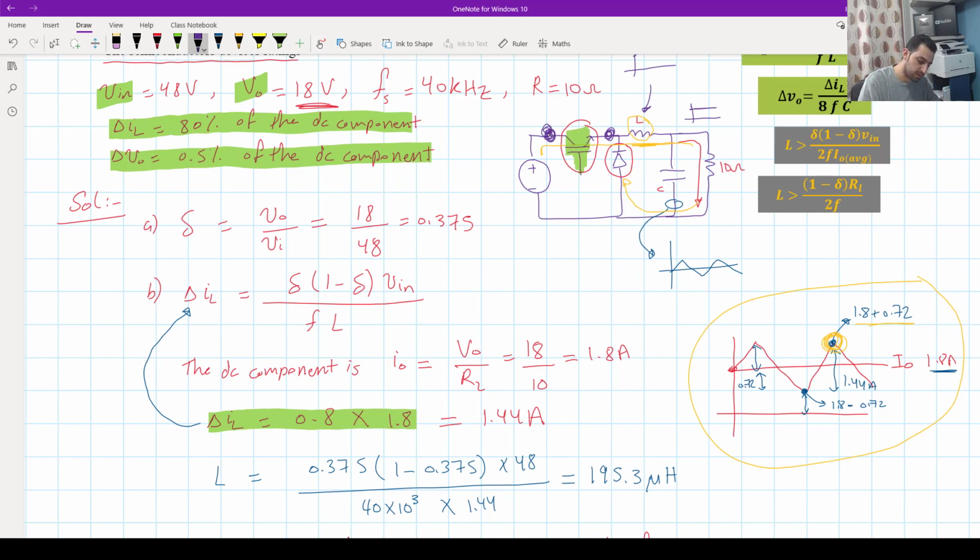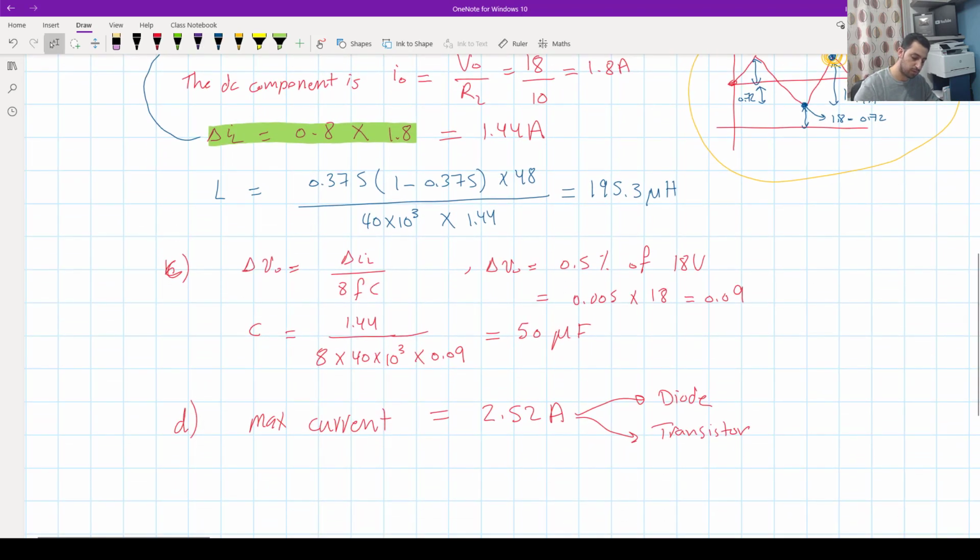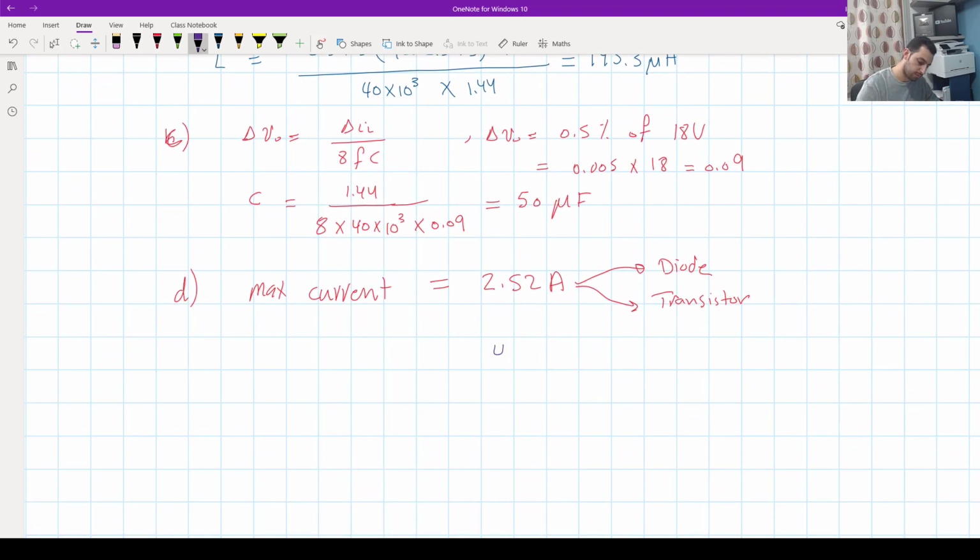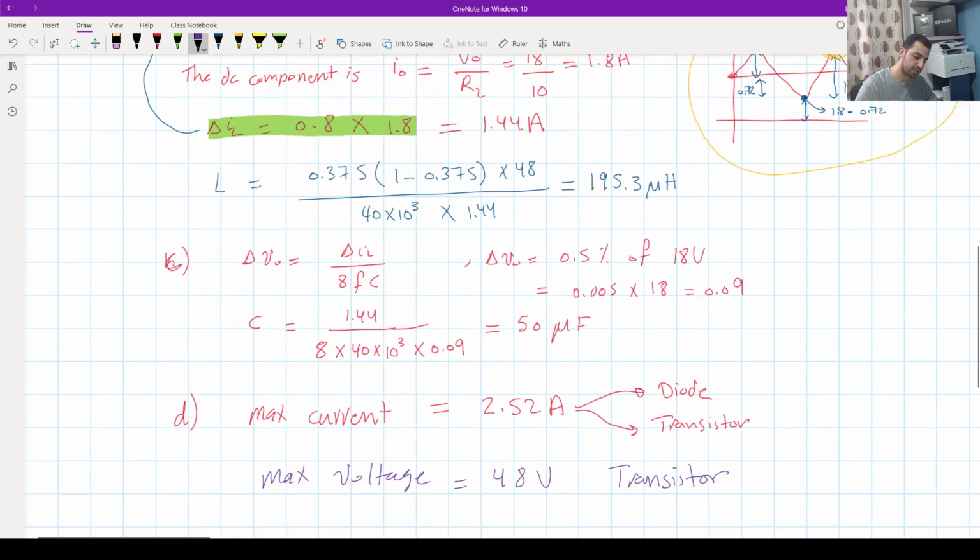That point here will equal V input, which is 48 volt, and that point, if the diode is on, is shorted to the ground, that means it's 0. So the maximum voltage should be 48 volt for the transistor, and also for the diode.